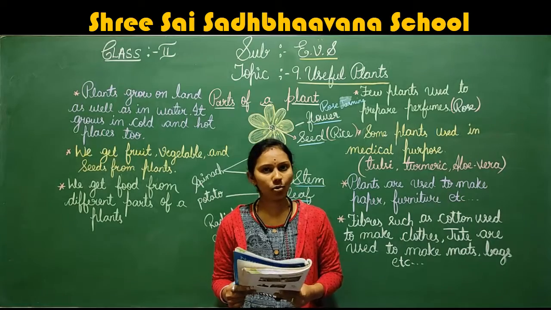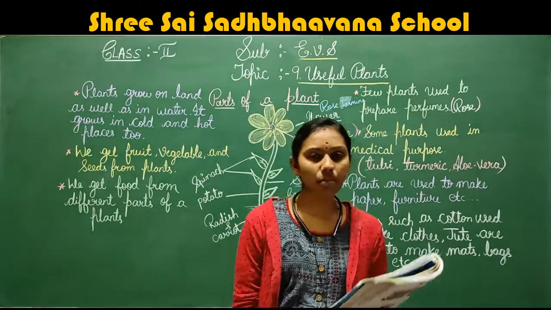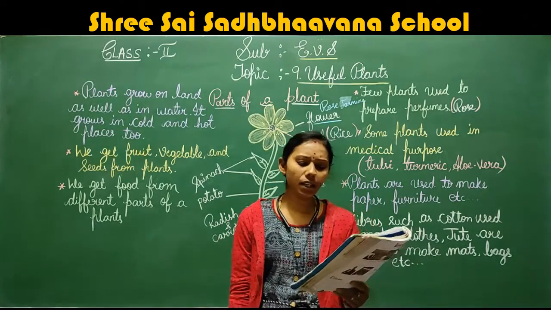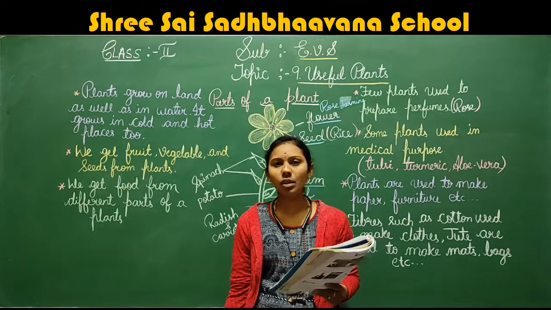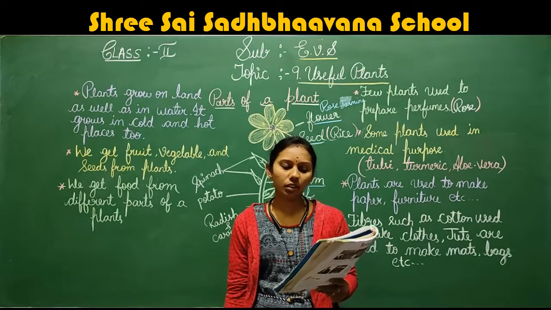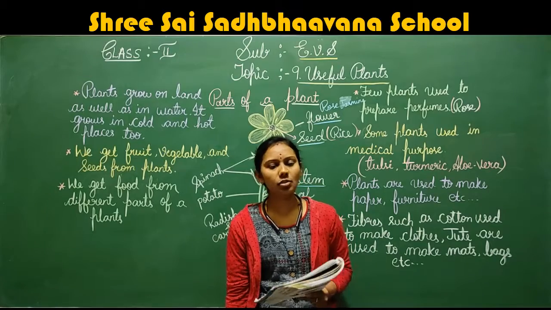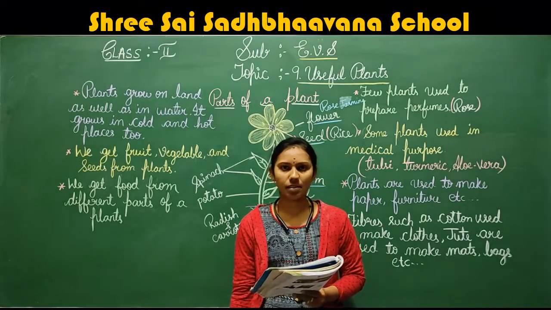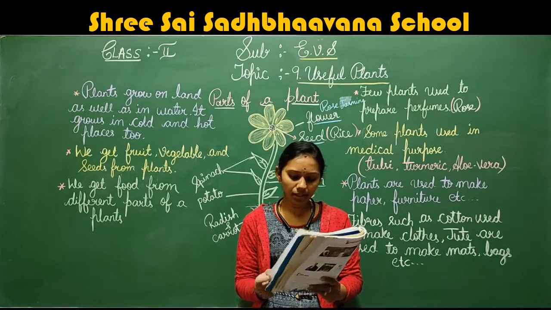Mango is juicy, grapes are juicy, oranges and bananas. These are juicy fruits. Dry fruits are walnut, almond, cashew nuts, badam. Where do we get these juicy fruits and dry fruits from? From the plant itself. Yes, no? Yes.